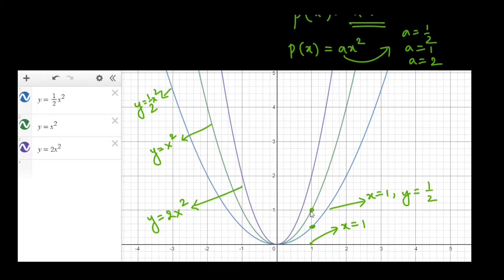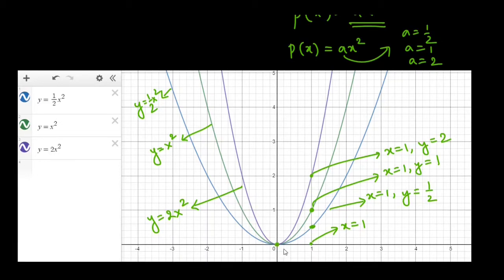For this curve, the polynomial is x square. When x is equal to 1, y is equal to 1. But for this curve, when x is equal to 1, y is equal to 2. When a value is increasing, we are getting increased values of y, or increased values of the polynomial, for the same value of x.